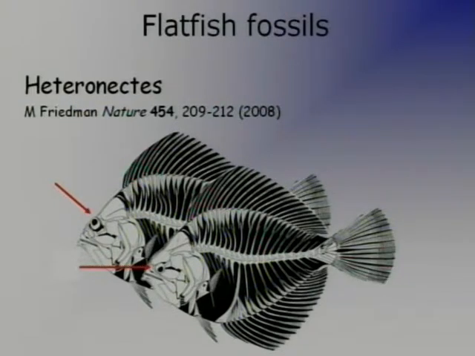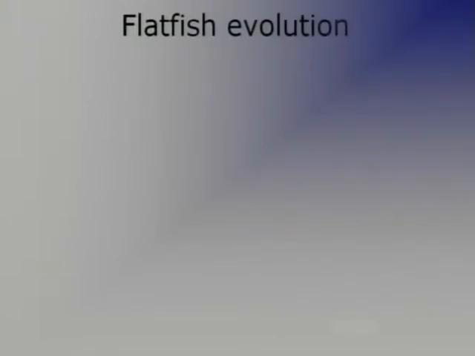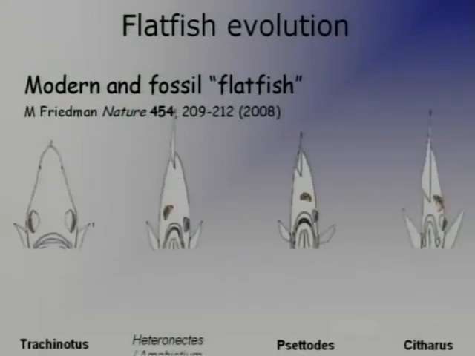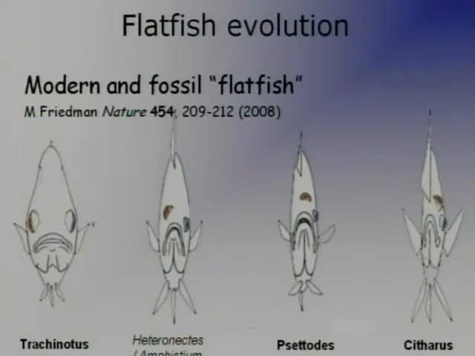Here we have an intermediate stage between normal fish and flatfish in the fossil record. You can try and argue about it, but if you look at the report, it seems to be a fairly good example of a transitional form, and I'm going to accept that as a transitional form. You can look at the modern flatfish and modern fishes that exist, which are flattish, like the examples given by Friedman in his paper.